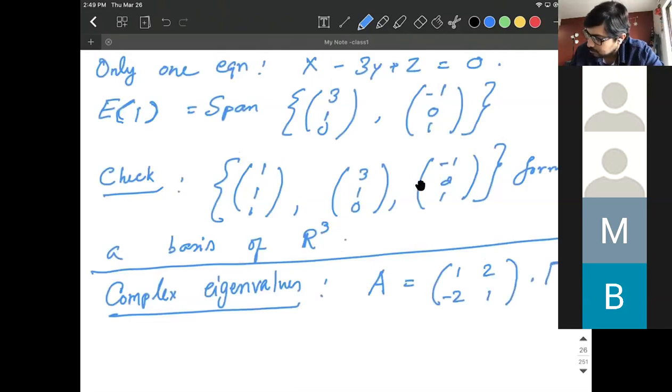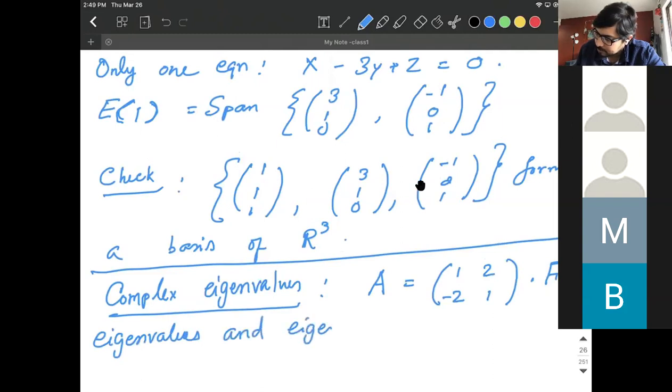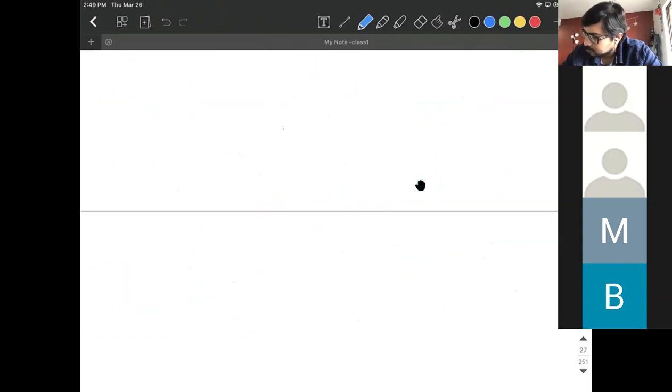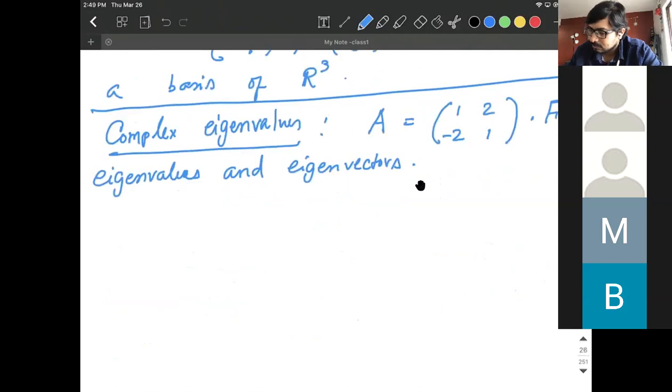So find eigenvalues and eigenvectors. In each and every problem, the beginning is the same. So in that sense, it's slightly boring.